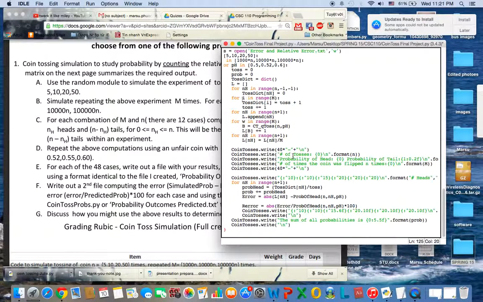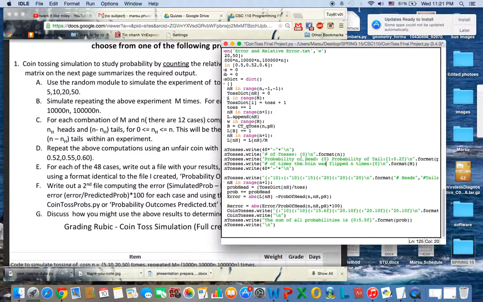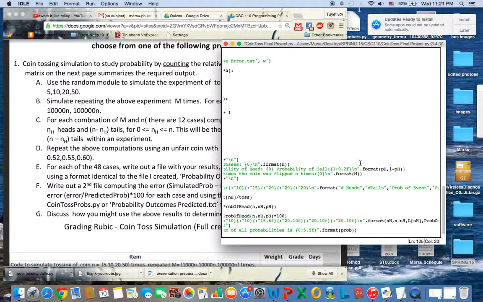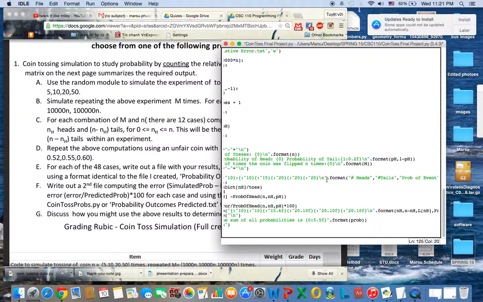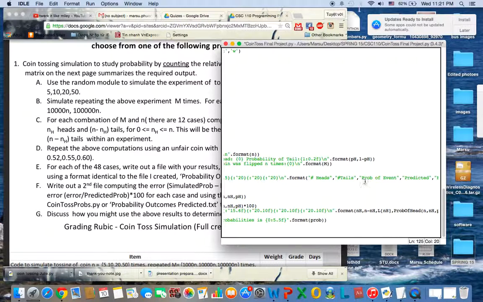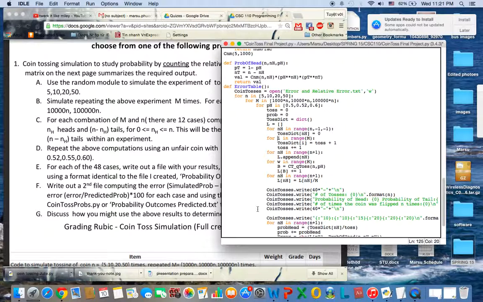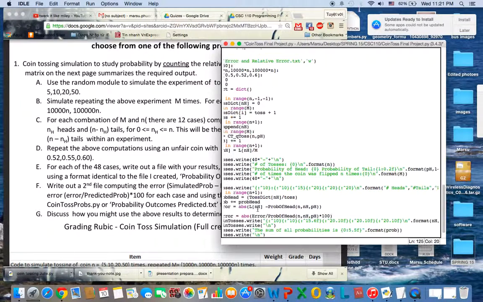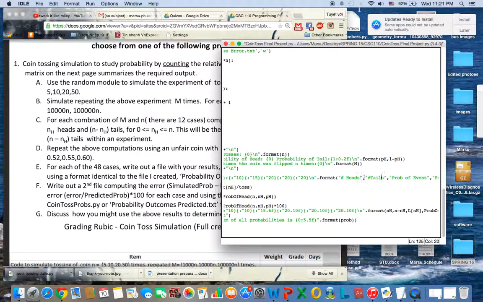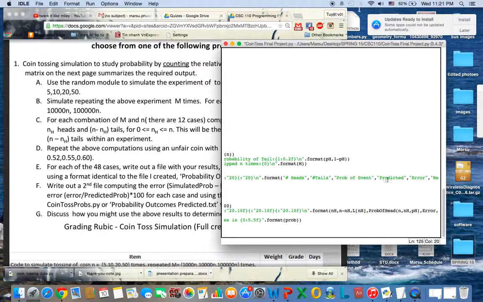So we write mostly the same as above: head, probability of tail, number of heads, number of tails, which is nh, and tail is 1 minus nh. Actually, it can be n tail here. And probability of event, which means probability of head, predicted, error and relative error.